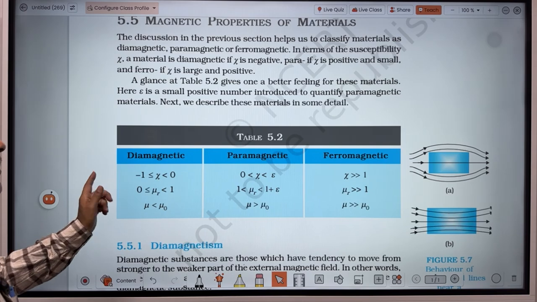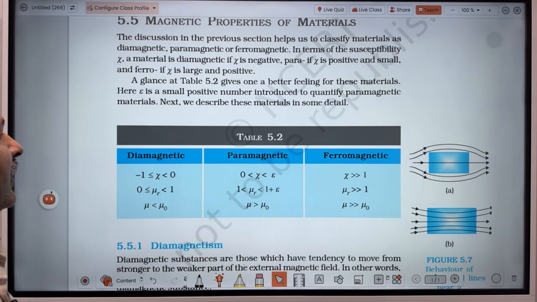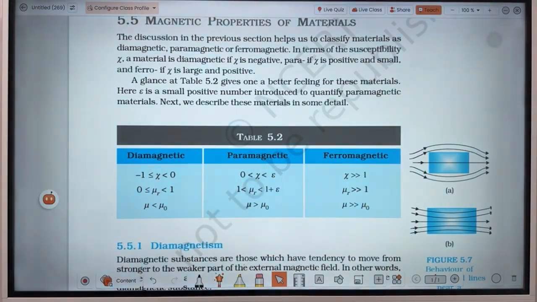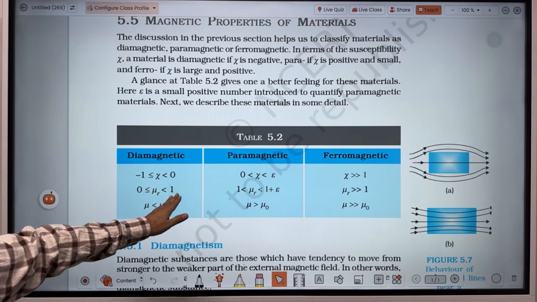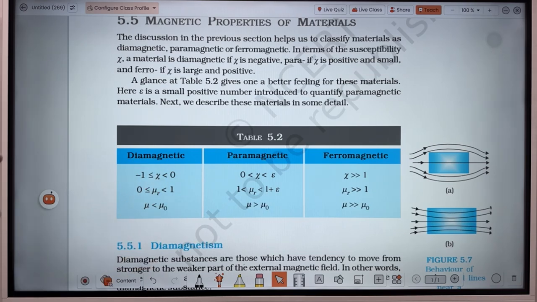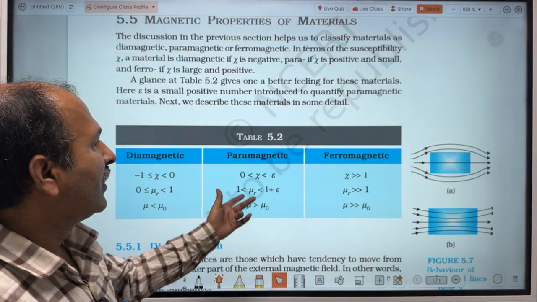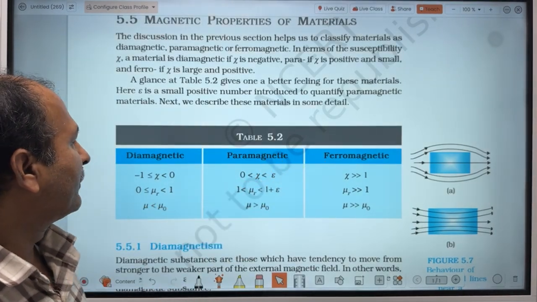Suppose you are given plus 0.2, it means it will be paramagnetic, right? If it is 200, in that case it will go to ferromagnetic, correct? If it is say minus 0.5, in that case it will be diamagnetic. It means susceptibility is negative for diamagnetic. For paramagnetic it is positive, and for ferromagnetic it is also positive, but its value is stronger.